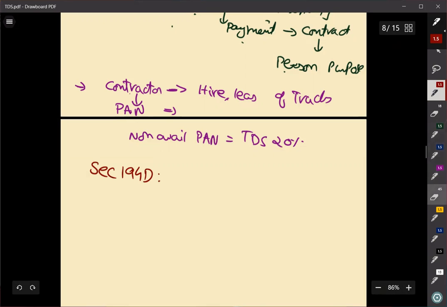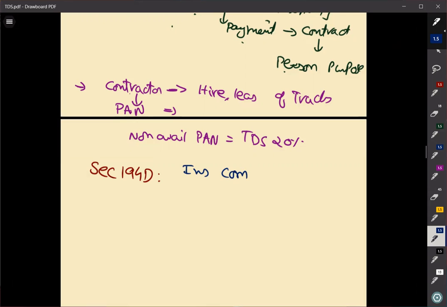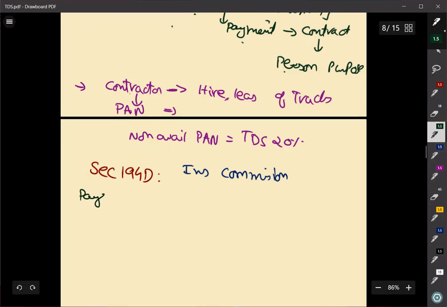Section 194D. What is this basically? This speaks about insurance commission. You are acting as an insurance agent, and the insurance company is making payment of insurance commission to its agent. As every section has a payer and a payee, 194D also has a payer as well as a payee.